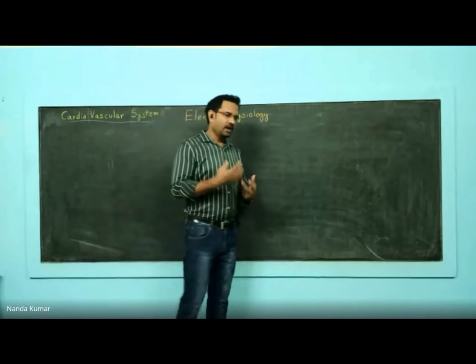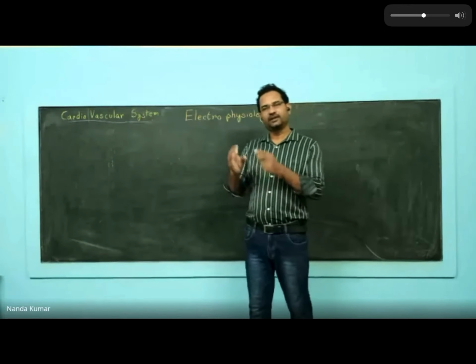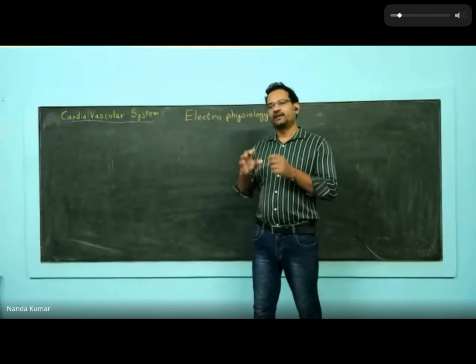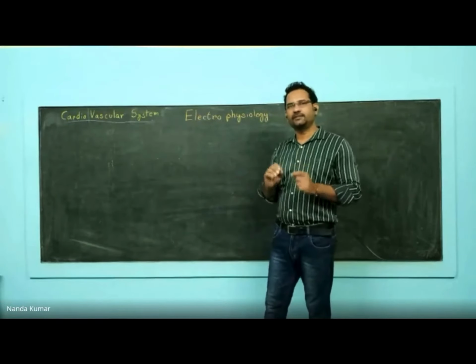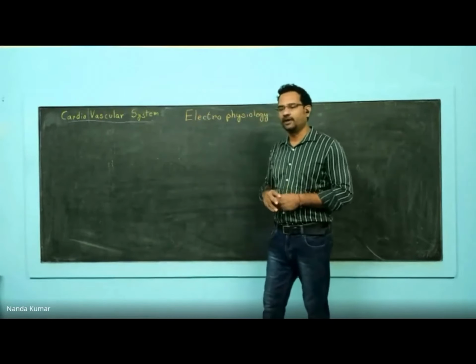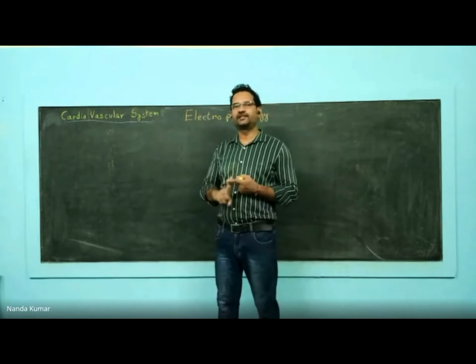After that, I explained how hormones or neurotransmitters affect cardiac function. Especially the major effect is by the sympathetic nervous system as well as the adrenaline hormone. Both of them act on the heart through beta 1 receptors.